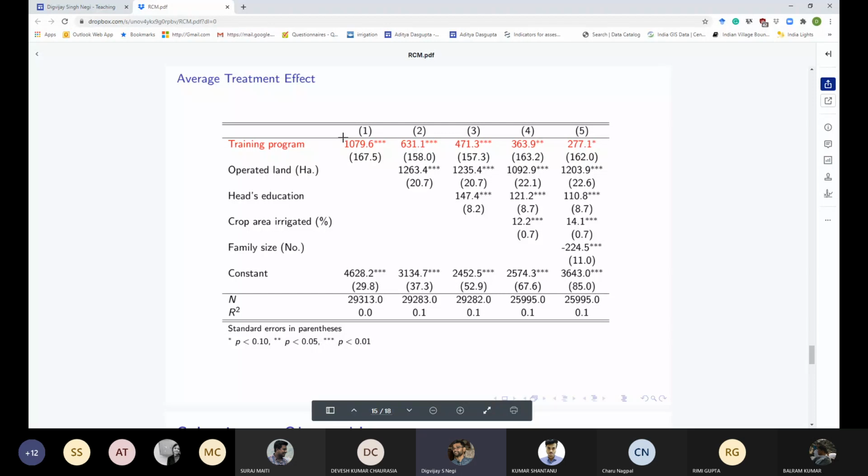This is the delta, the coefficient on the training dummy, and this is the intercept, the constant or the alpha. So can any one of you explain what this constant is and what this term is in specification 1? Anybody would volunteer to explain?